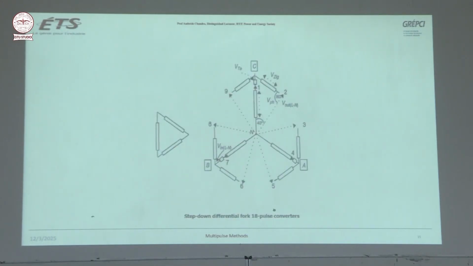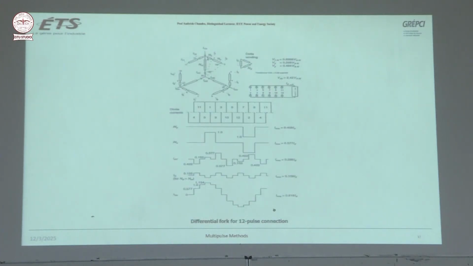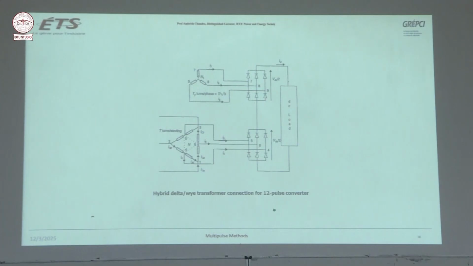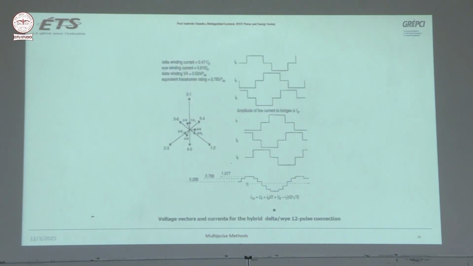This is another differential fork. Okay, so many different transformers, and this is a hybrid delta, this is auto transformer, and this is another connection. That's why the designer is saying, okay, we have the advantage of double winding transformer also, and here we have auto transformer also.